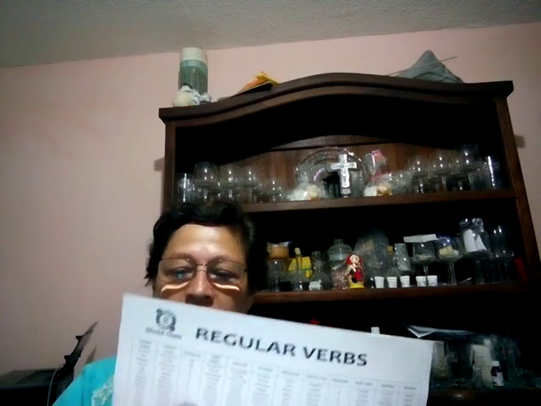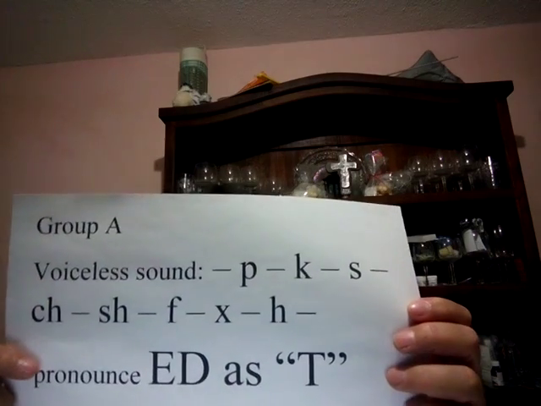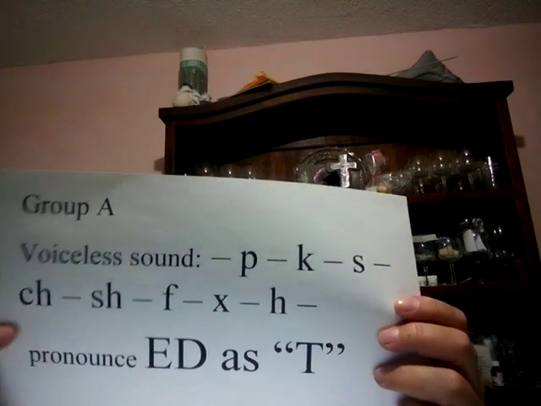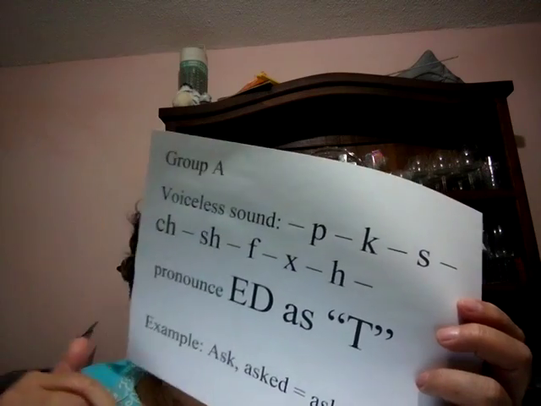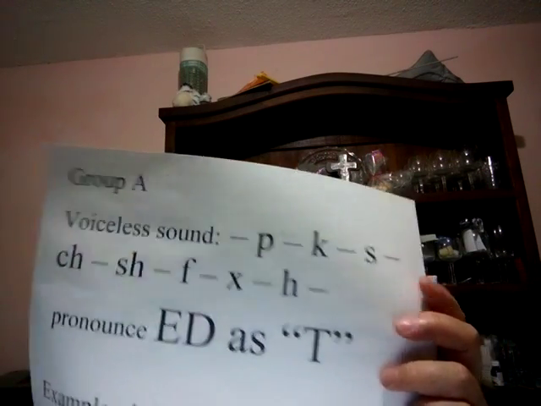In all regular verbs, the past ends with ed, but these verbs are classified in two groups when we talk about pronunciation. Group A includes verbs ending in voiceless sounds.